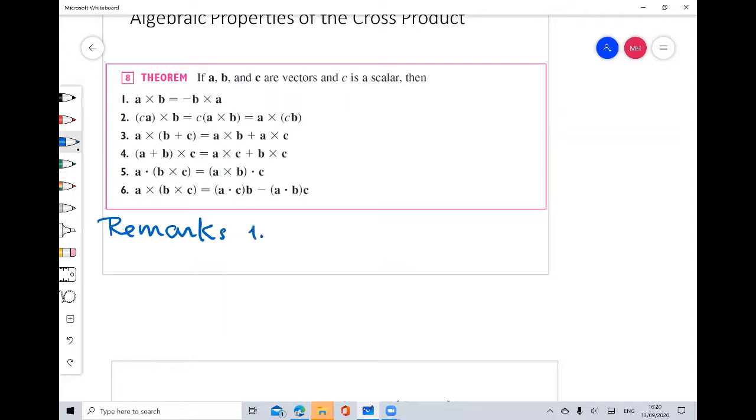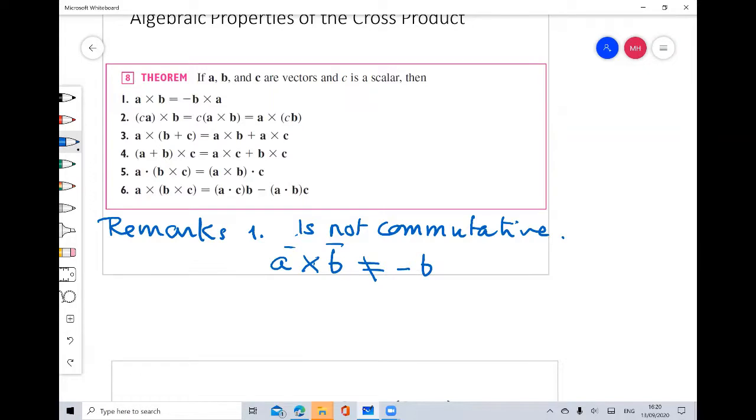The first remark is that the cross product is not commutative, okay? You cannot change the ordering of the operation of the cross product. In other words, A cross B is not equal to B cross A. They are not commutative, okay?